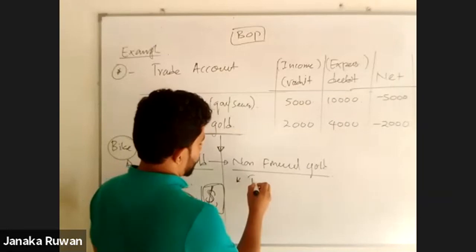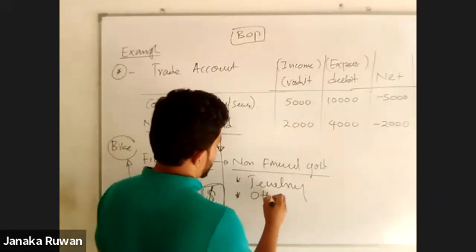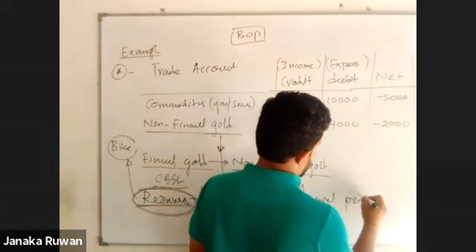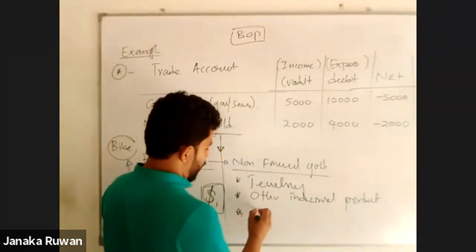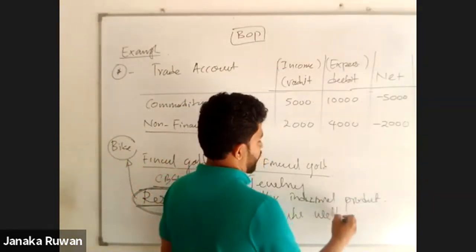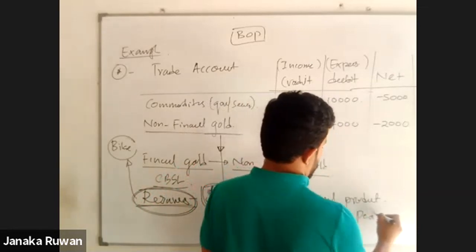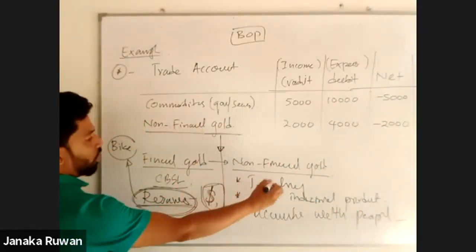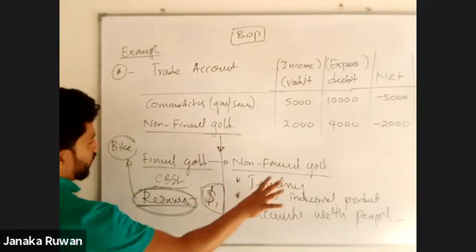Jewelry, other industrial products, accumulating the wealth of people, not for the financial authority. Those are the non-financial gold in the economy.